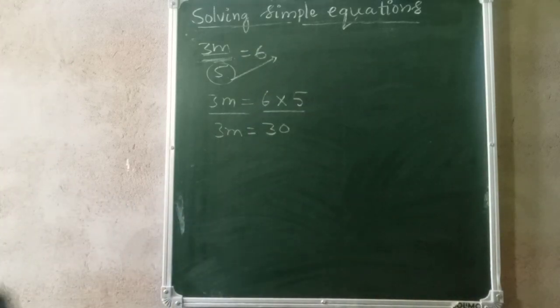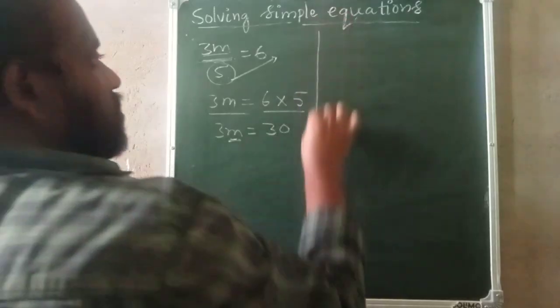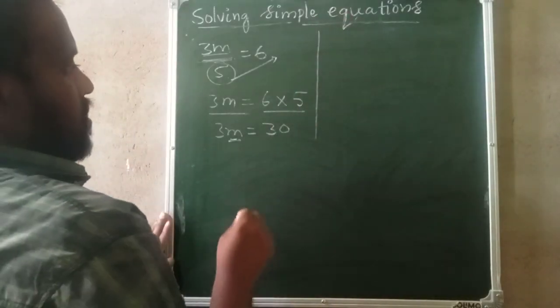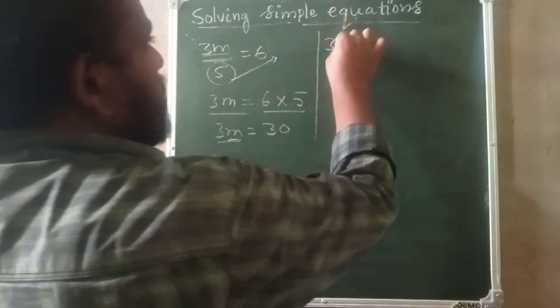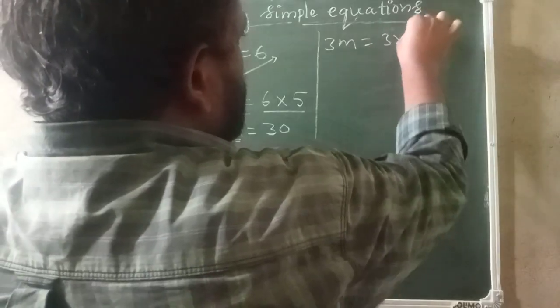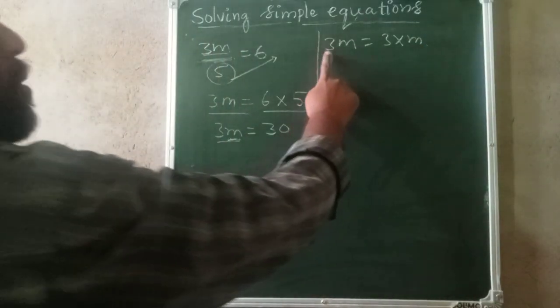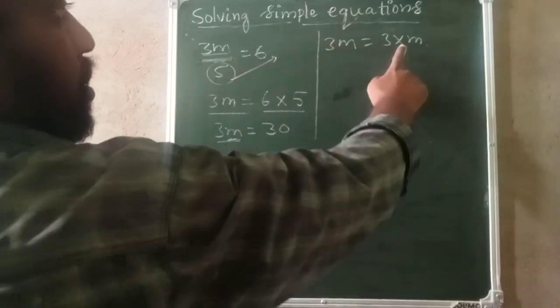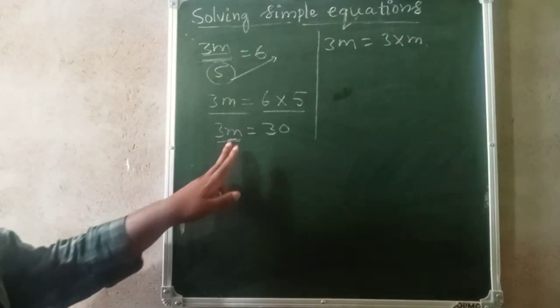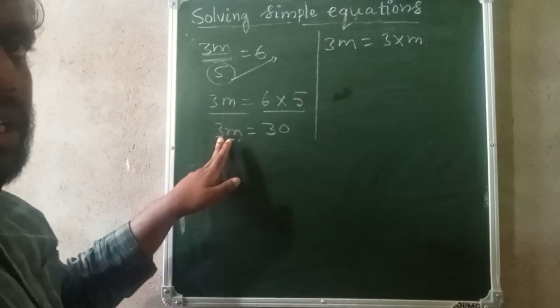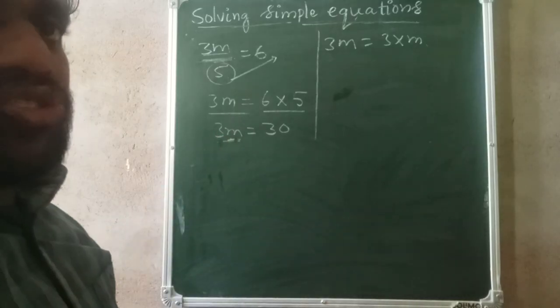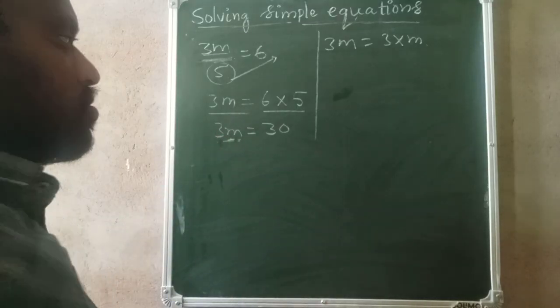Next step, so we want m, okay, so 3m is like 3 into m, correct? So in between 3 and m there is into. So now we want m, we don't want 3. Simply we cannot erase, we have to follow the process.